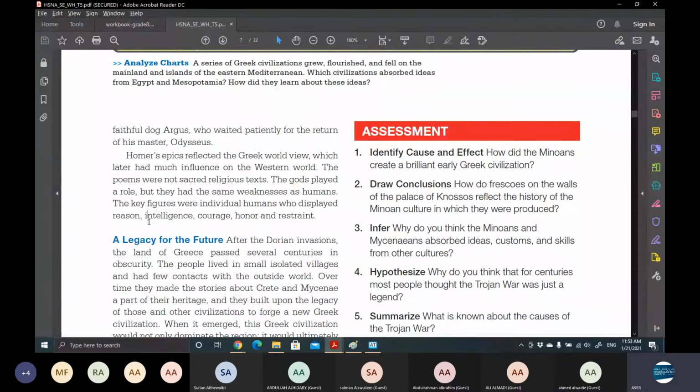Also, he portrays some of the gods, and the gods at that era held human characteristics. They have weaknesses, courage, intelligence. Some of them were very bad, like the god of war, Ares. So the humans and the gods shared common characteristics at that era.